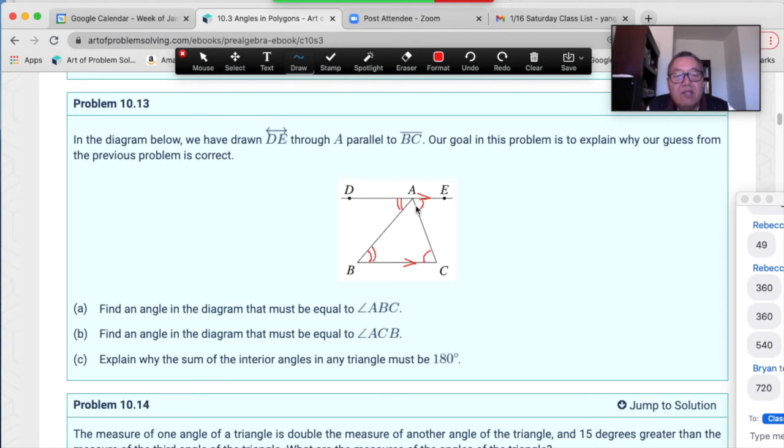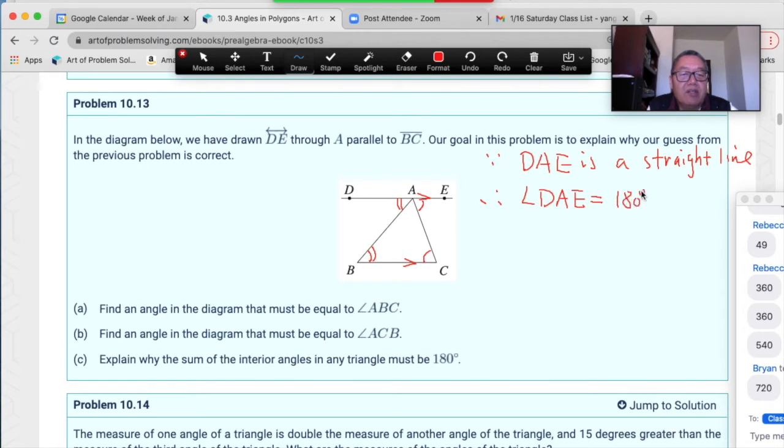Then, because DAE is a straight line, you can see here one more time, we use this straight line. This one is a straight line, right? Therefore, the angle DAE equals 180 degrees.